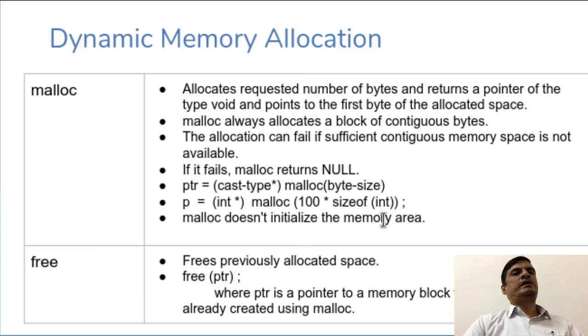Whatever garbage was previously there, those values will be retained. It is not going to clear them off. So malloc needs casting, and malloc does not initialize. You must keep these two concepts in mind.